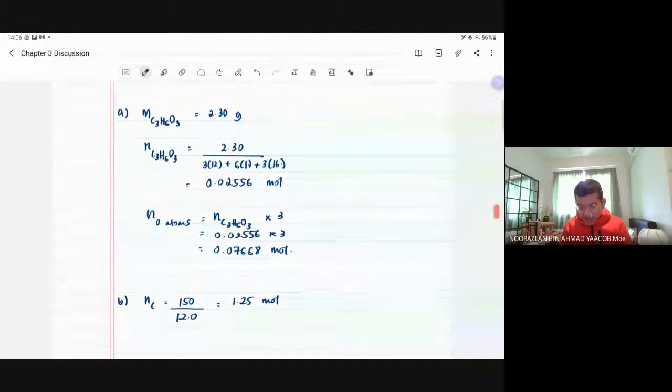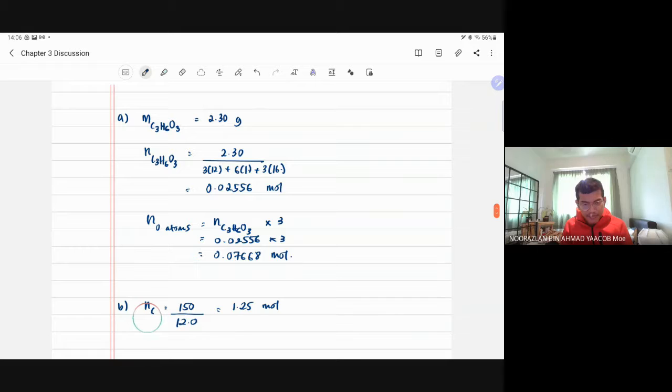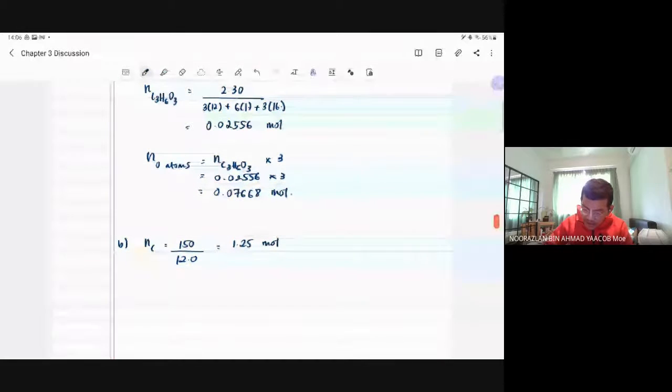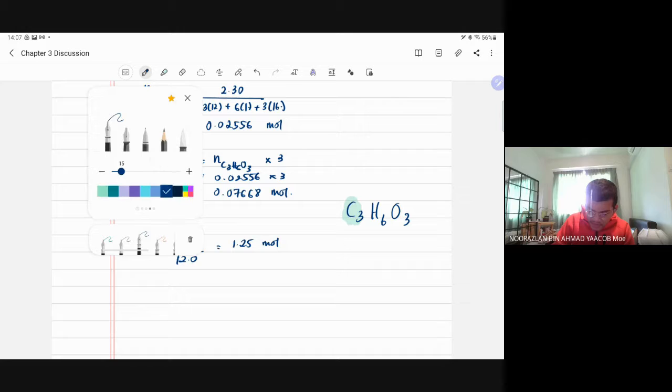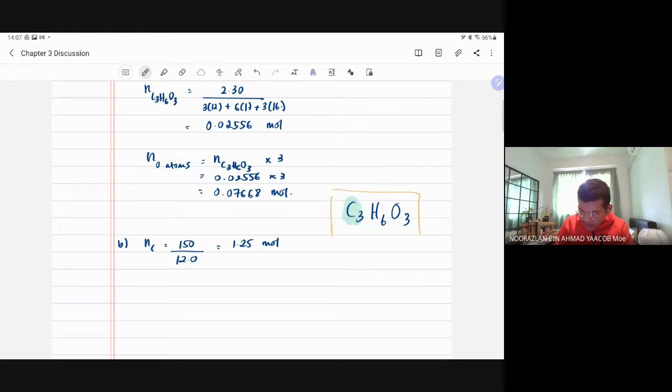So kalau kita ada 1.25 mole of carbon, berapa mole of lactic acid kita boleh produce? We have to look into the ratio. Untuk setiap 3, kita dapat 1 molekul. Kalau kita tengok ni, so C3H6O3. For every 3 of these, we only get 1 mole of this. 3 kepada 1.